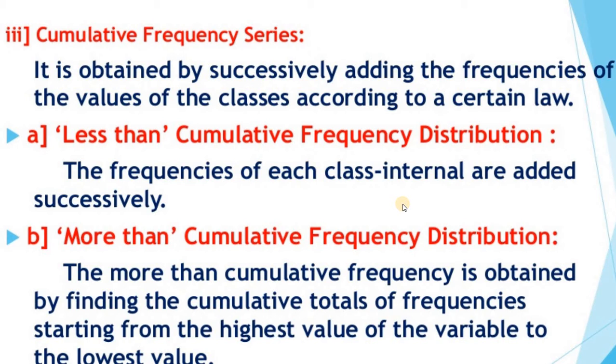The frequencies of each class interval are added successively, that one is less than cumulative frequency. The more than cumulative frequency is obtained by finding the cumulative totals of frequencies starting from the highest value. Suppose the highest value is 100. From that value we will calculate the cumulative frequency. That one is the more than cumulative frequency.